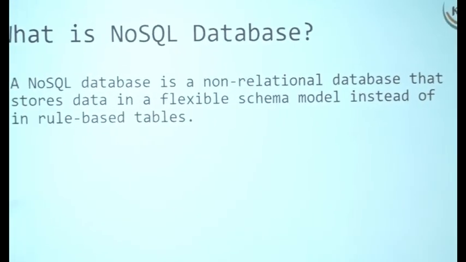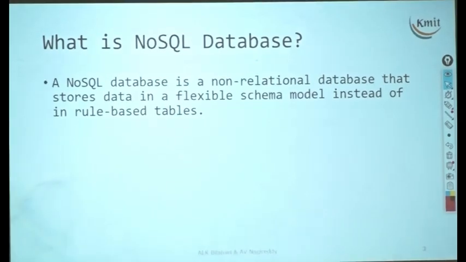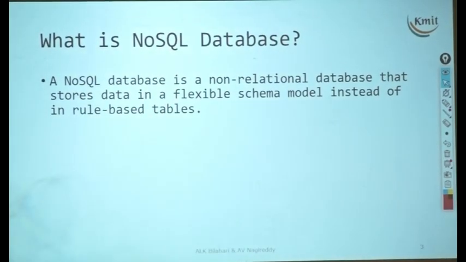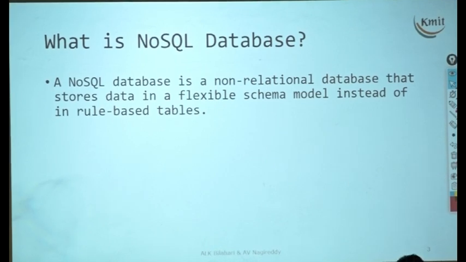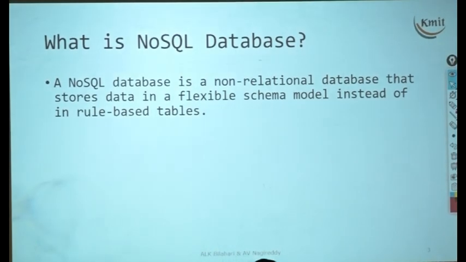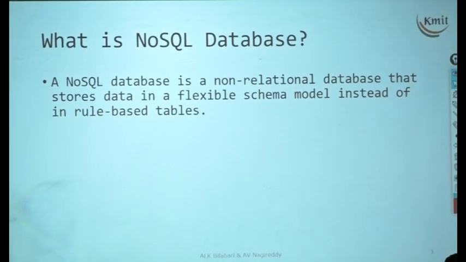I think I already talked about this, everybody. We already talked: a NoSQL database is a non-relational database that stores data in a flexible schema model. Don't design any schema at all now.